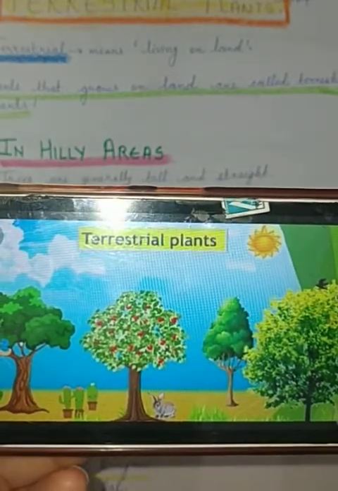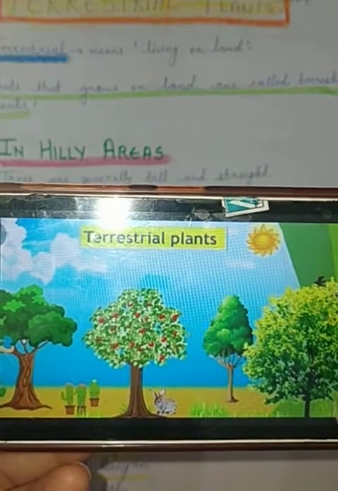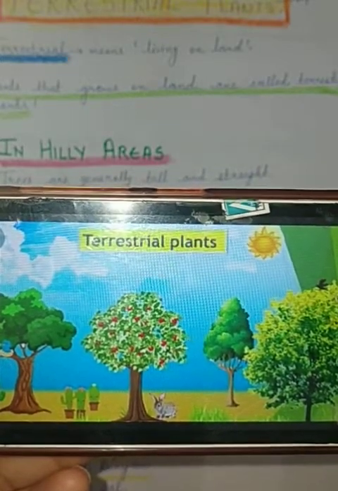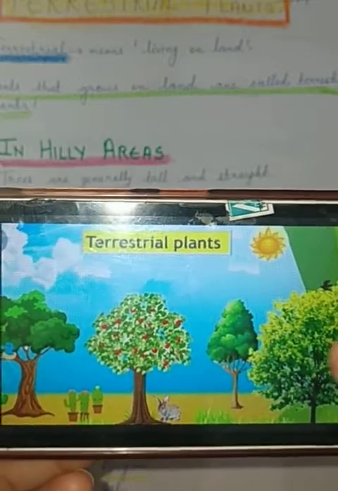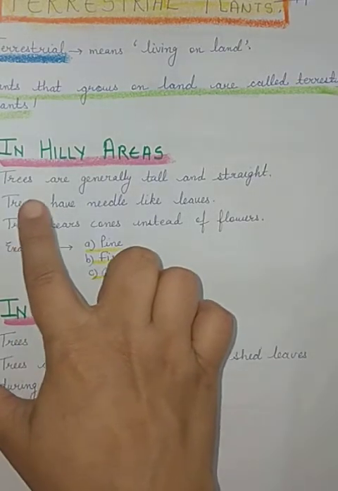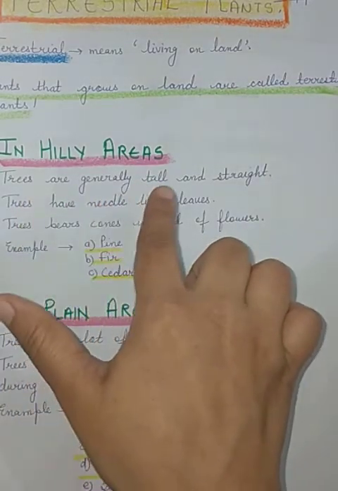Now we will study the features of terrestrial plants in hilly areas and in plain areas. First is hilly areas. What are the features of the plants in hilly areas? First, trees are generally tall and straight.